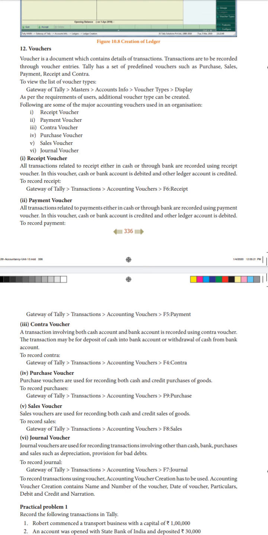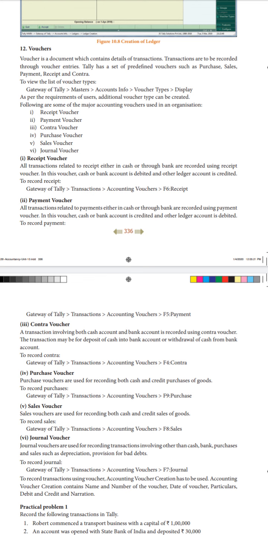The next is sales voucher. Again here we will record both cash and credit transactions of the organization. We record our sales in the sales voucher, that is Gateway of Tally, Transactions, Accounting Vouchers, and the F8 feature is used for sales voucher.